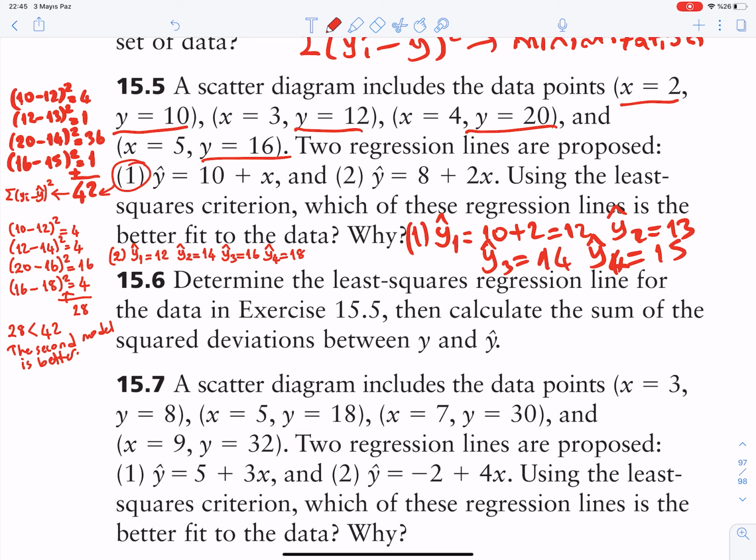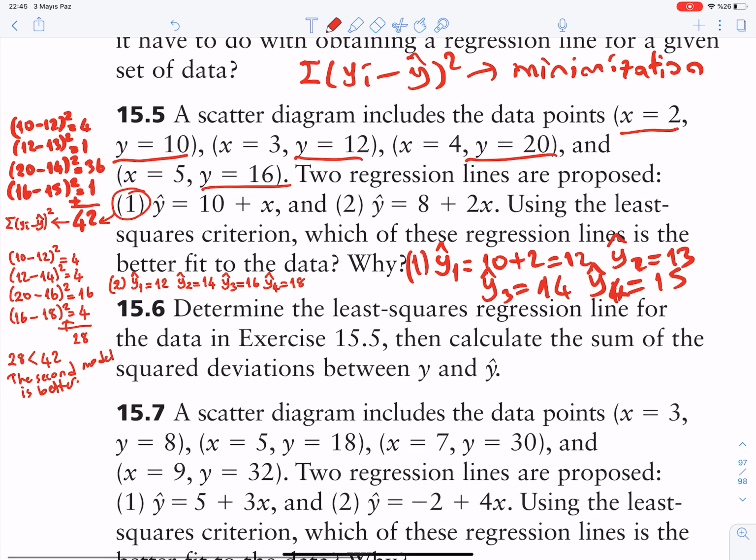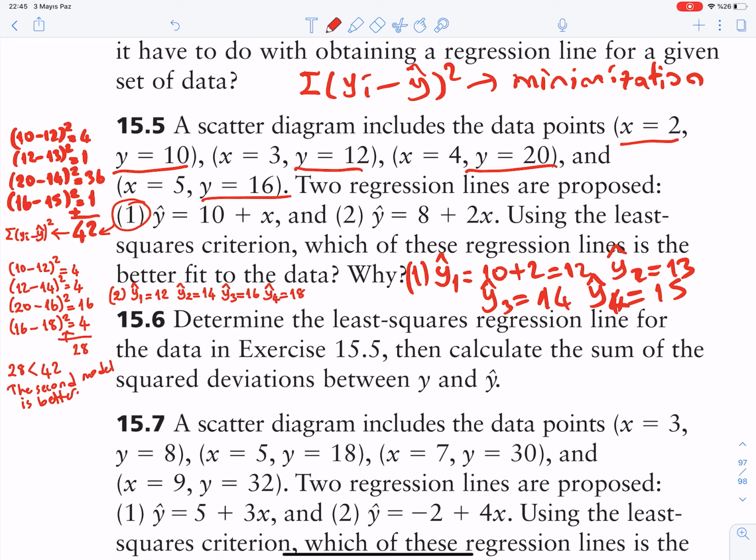Okay, this example is simply done, so we can move to the next one. Determine the least squares regression line for the data in the previous exercise, 15.5. Then calculate the sum of the squared deviations between y and y hat.